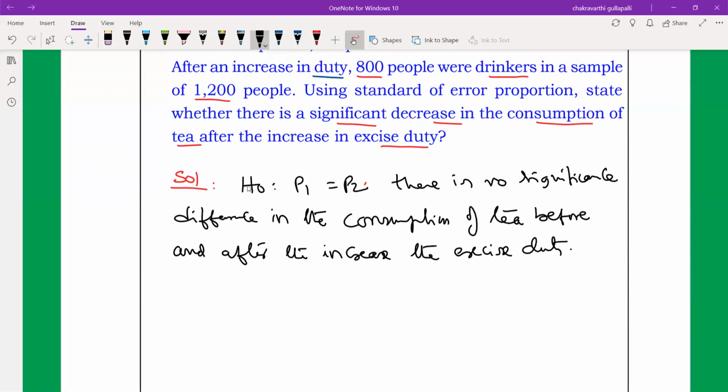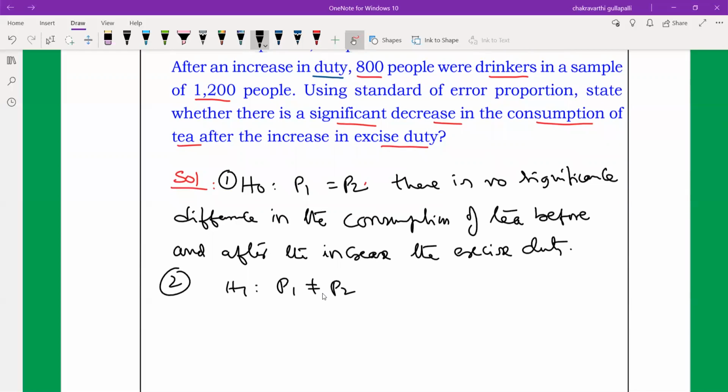Now, this is step 1. Step 2, alternative hypothesis: P1 not equal to P2. Definitely we could take this one in general.